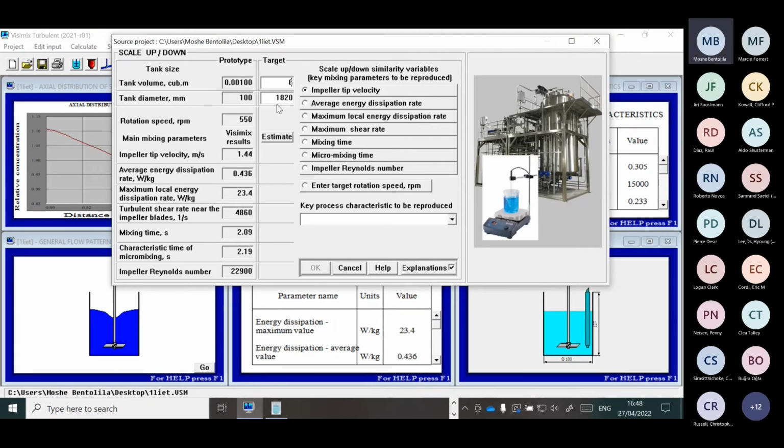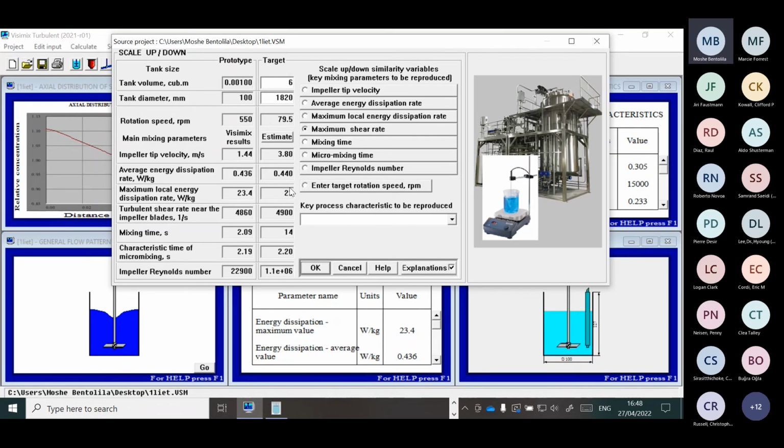Okay, some optional diameter that normally it will be around it in the production step. And it gives me a capability to fix every mixing parameter that I want, okay? And it will give me the velocity that I need to apply in the next step in the big equipment to generate the same, in this case, maximum shear rate. If you were looking for the maximum shear rate, you see it's the same.